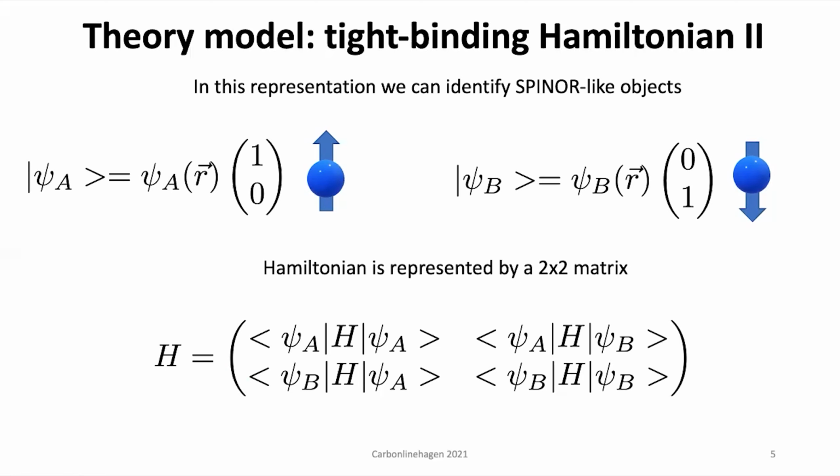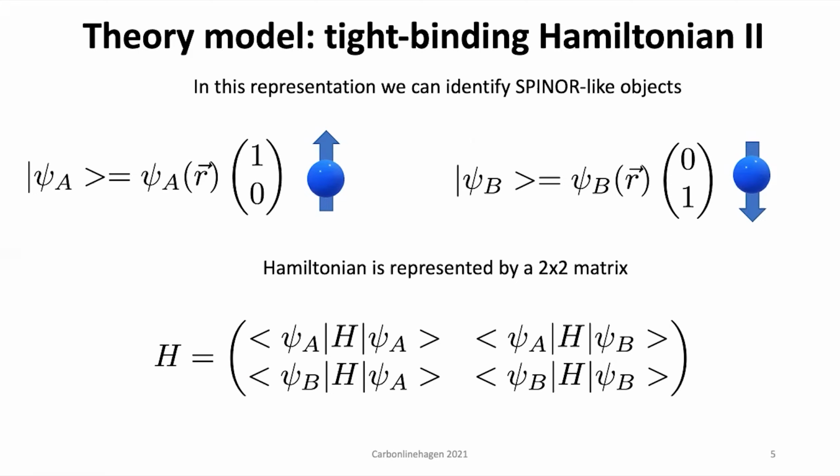This is a representation. And we could assign, for example, an arrow up, or the vector (1, 0), to represent the electrons that live in the atoms of type A. And we can use the opposite, the (0, 1), or the down representation, for electrons that live in the atoms of sublattice B.